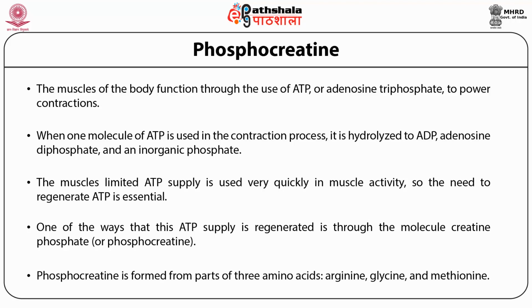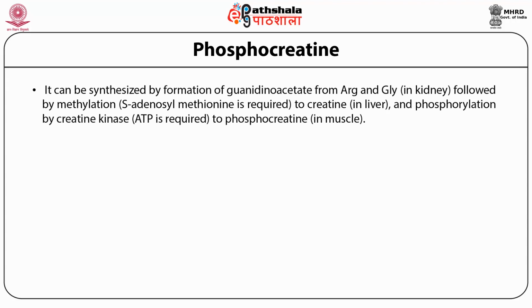So how is phosphocreatine created in the muscles? Phosphocreatine is formed from parts of three amino acids: the first is arginine, the second is glycine, and the third is methionine. It can be synthesized by formation of guanidinoacetate from arginine and glycine in the kidney, followed by methylation by S-adenosylmethionine to creatine in the liver, and phosphorylation by creatine kinase, where ATP is required, to phosphocreatine in the muscle.